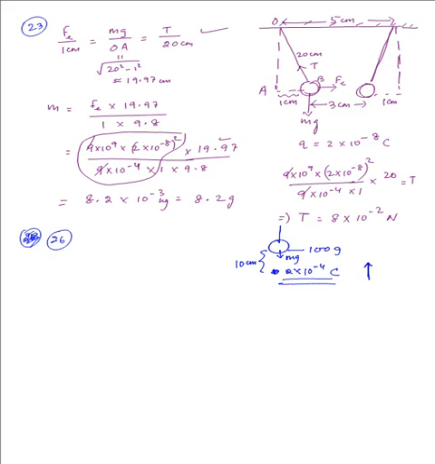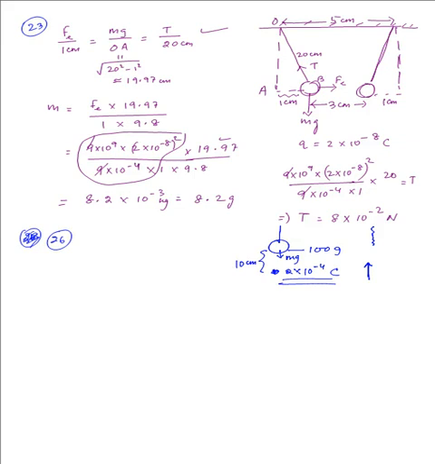Just beyond that, it will start to loosen, because the repulsion will take over the weight of the bob, and as a result the string will start to loosen. So we just need that minimum condition, the minimum condition being that the force of repulsion has to be equal to the weight.